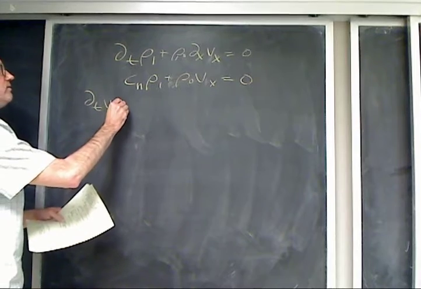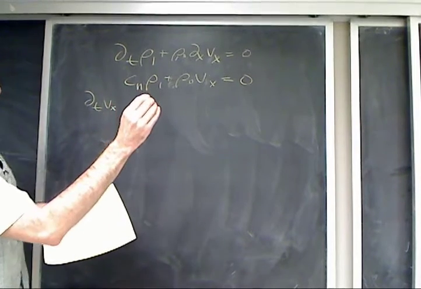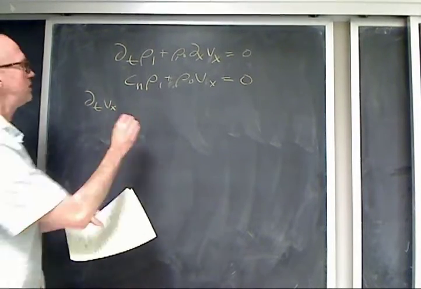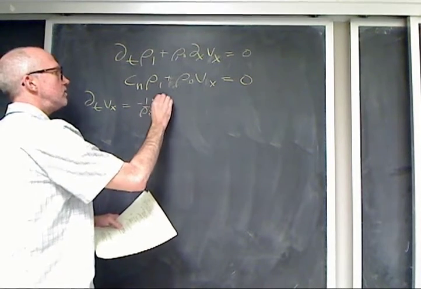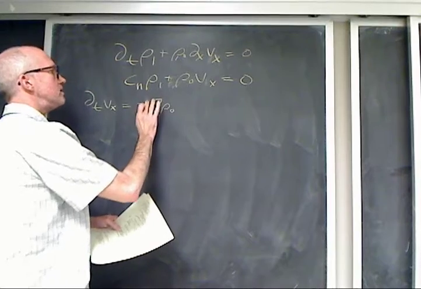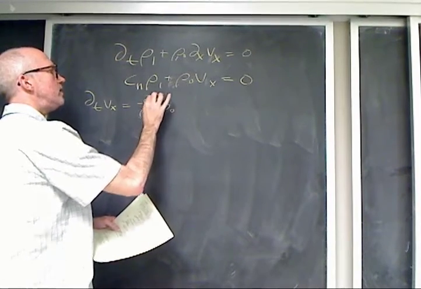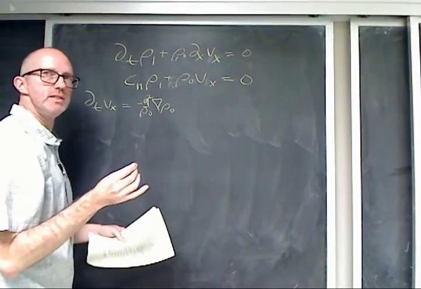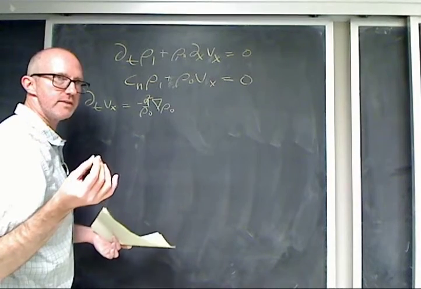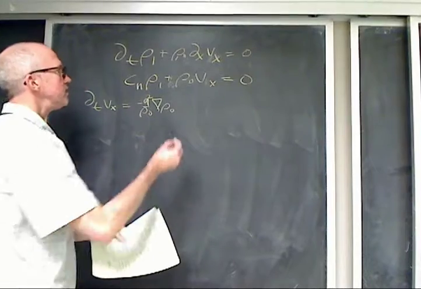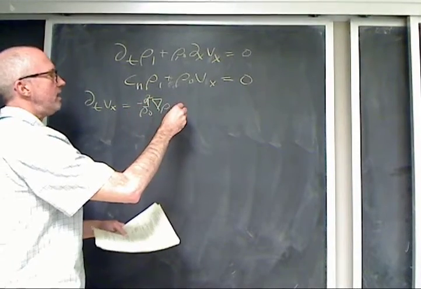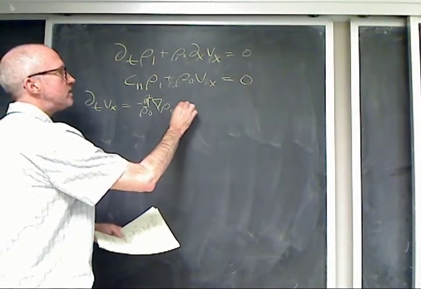So d by dt of vx equals minus 1 over rho naught grad rho naught. Let's make this a squared instead of c squared because I've got too many c's. A is now the sound speed. This is very common. A is the sound speed in lots of places. Sometimes I call it c sound. I'm going to call it A right here. Plus the Lorentz force.